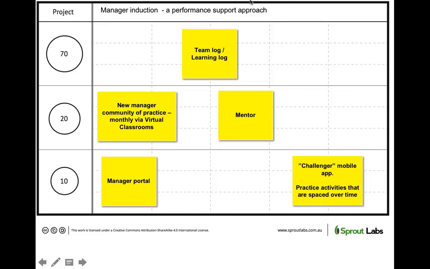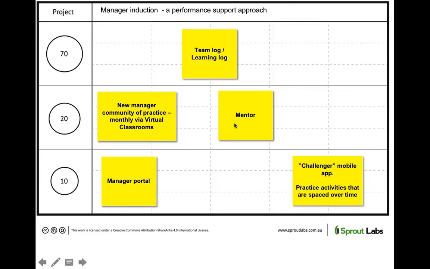So essentially, the first layer of things is adding some social learning experiences to the mix. Maybe a virtual classroom. That could be a community of practice style thing that could be based on two different approaches. One could be a discussion-based approach, or the other could be a guest speaker style approach.